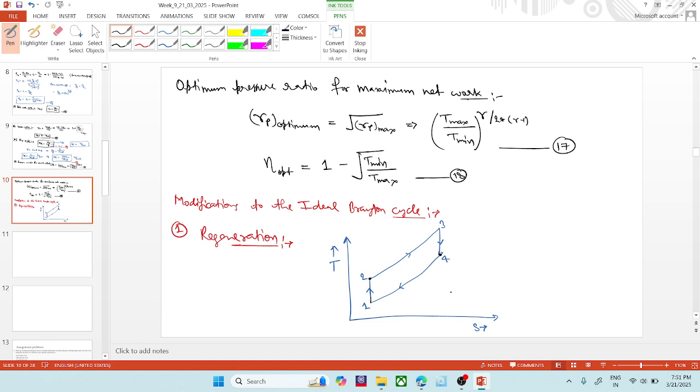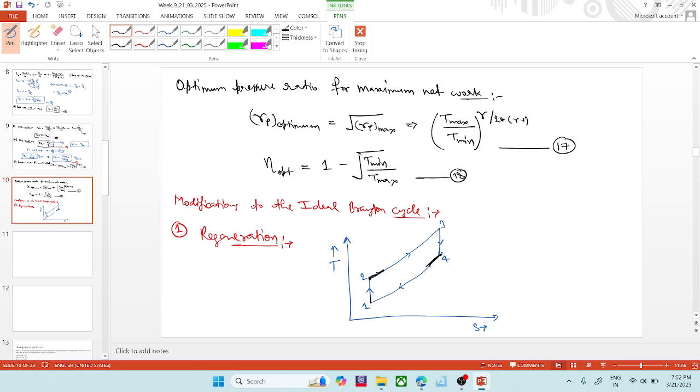So we can transfer some heat from the air which is leaving the turbine at point 4 to the compressed air which is leaving the compressor.